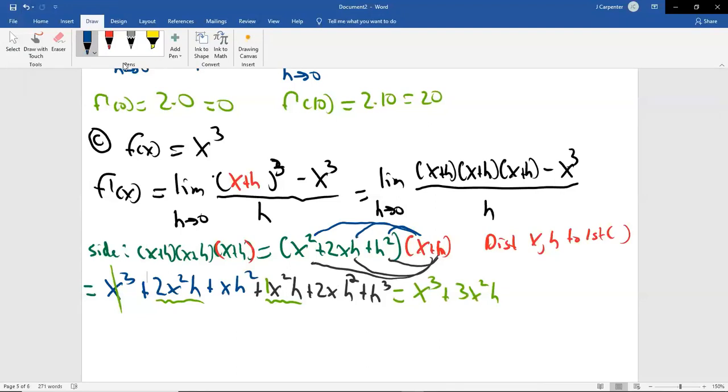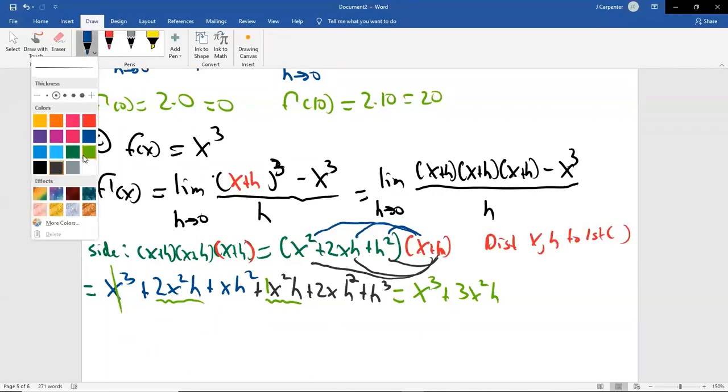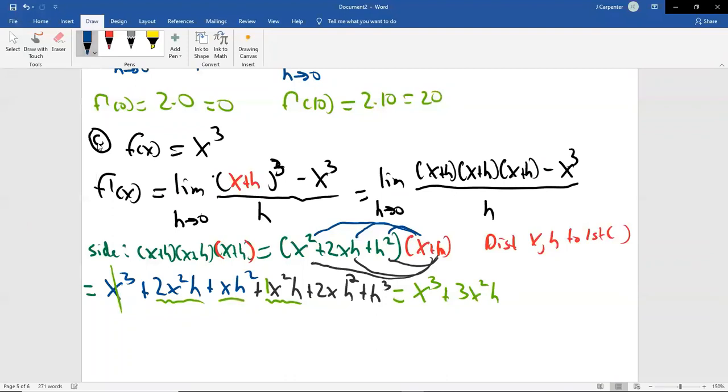So in the blue, there should be an x squared h term and an x h squared. In the gray, there's an x squared h and an x h squared. That's correct now. So those two are like terms. So this x h squared and this 2xh squared make a 3x h squared, and then the h cubed is not like anything.